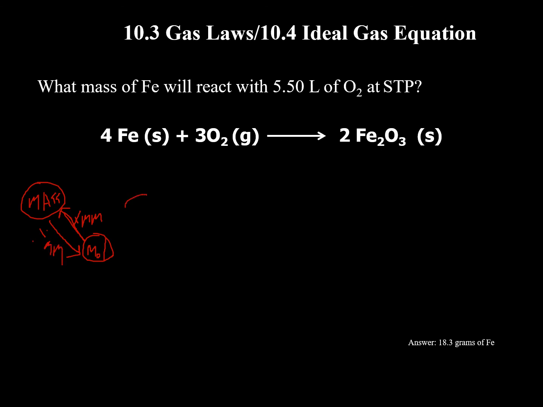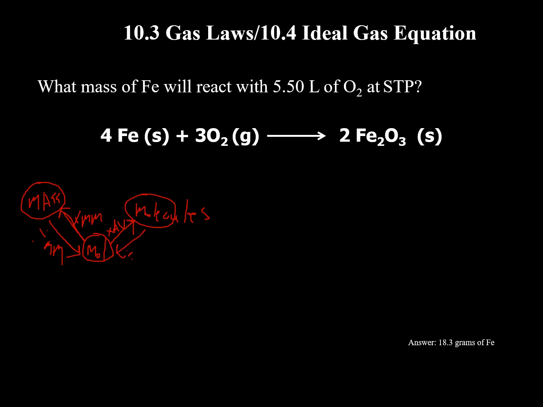We also had here on the right side, if we had the amount of molecules or atoms, and we want to go from moles to molecules, we have to multiply by Avogadro's number, 6.02 times 10 to the 23rd.